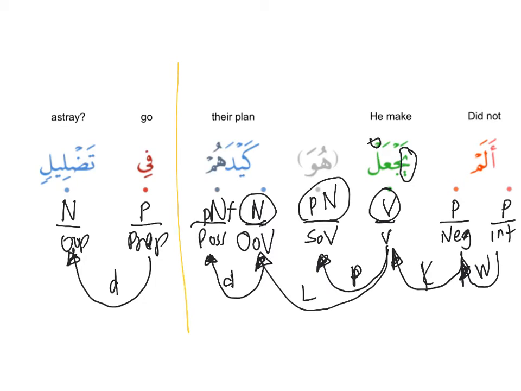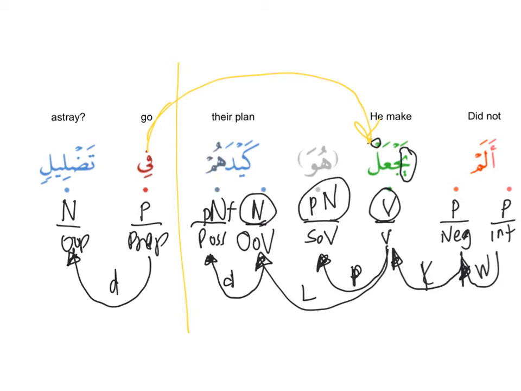So you find a linking verb for the preposition, right? So you link the preposition to the verb before it, which is yaj'al. Okay, done. So therefore the gaps are filled. So the meaning would be, did he not make their plan go astray?